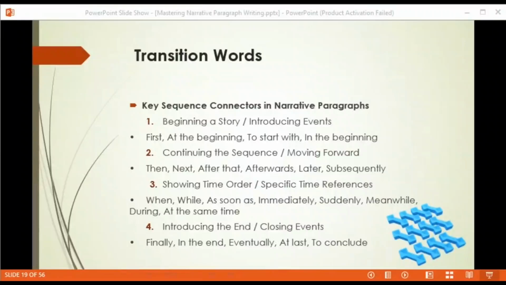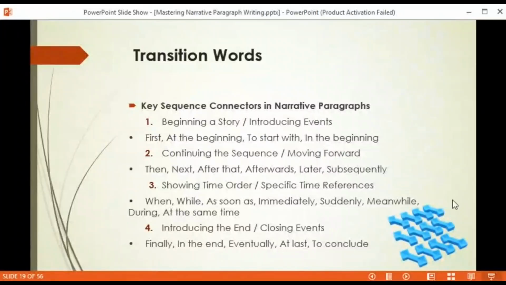Showing time order, specific time reference: when, while, as soon as, immediately, suddenly, meanwhile, during, at the same time. For introducing the end, closing the event, you can say or write finally, in the end, eventually, at last, to conclude. Next slide, please.